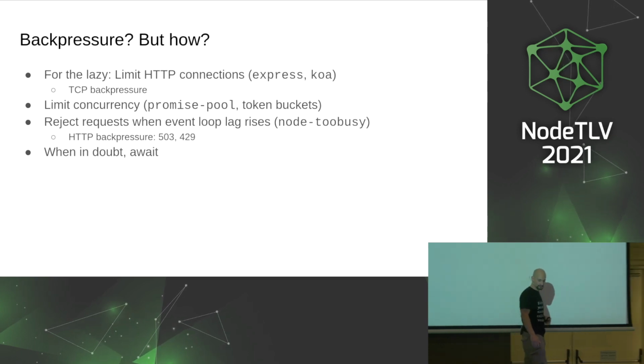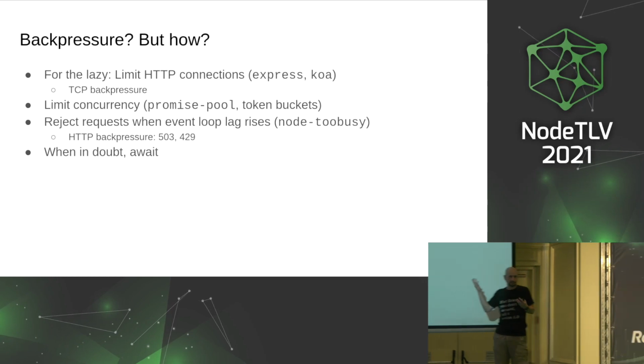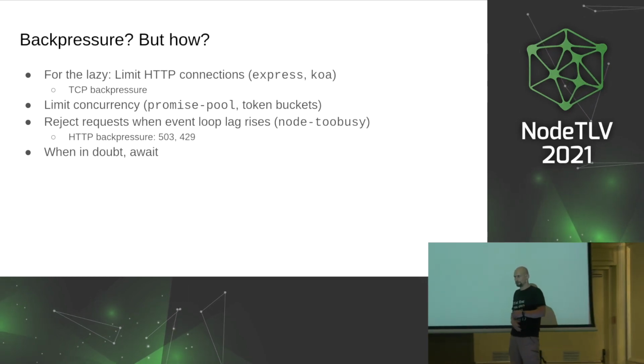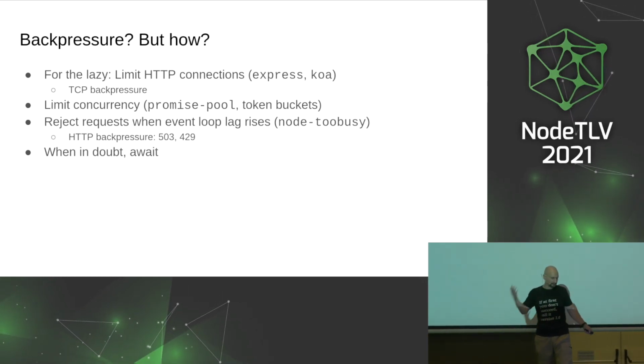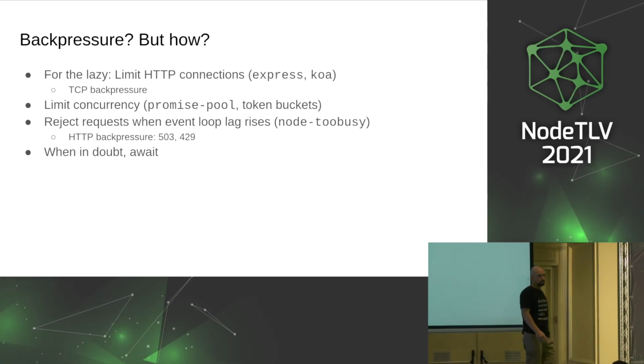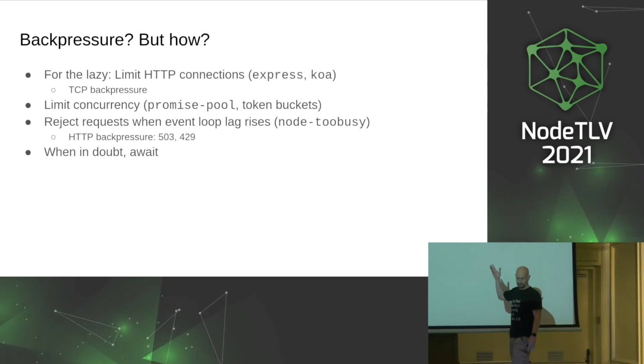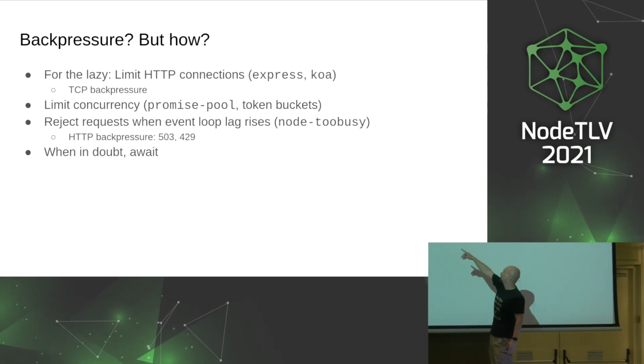Another way is you can limit or reject the requests when you're overloaded by measuring the event loop lag, and when the lag is too high, you just send back 503 or whatever you want to send. There's a module called node2busy that does this, but I wouldn't use it because it's like 20 lines of code, so why use a dependency for this? But just have a look.